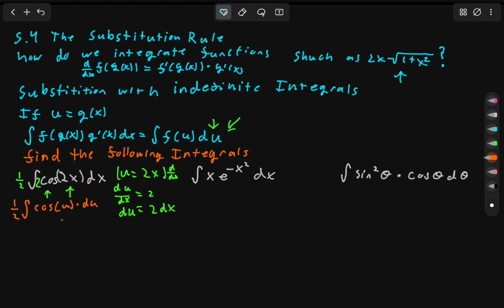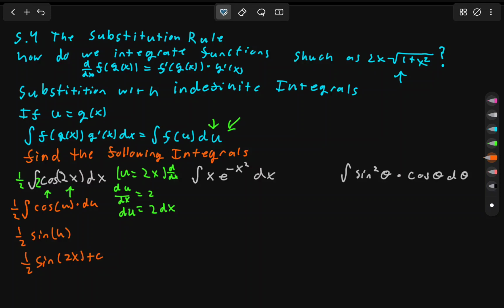Well, now that we have this, what is the integral of cosine of u with respect to u? Well, it's going to be the sine of u. Well, we know u is equal to 2x, so our final step is getting things back in terms of x's. And then finally adding our constant c. And this right here is our integral.